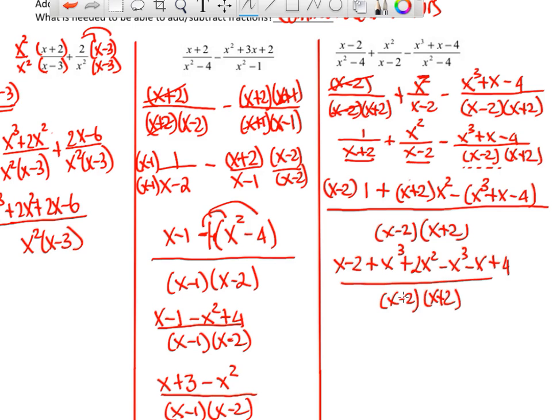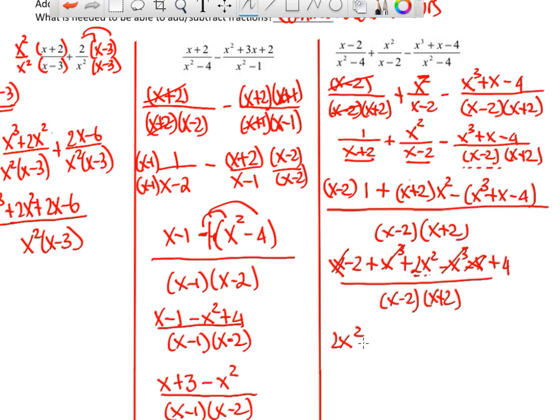And now I need to add and subtract some stuff that belongs together. So the x cubes cancel each other out. That's great. And then let's see. 2x squared. I don't have any other x squareds. So that one's gone. And then it's x minus x. Well, that one's gone then. X minus x is 0. And then a negative 2 plus 4.